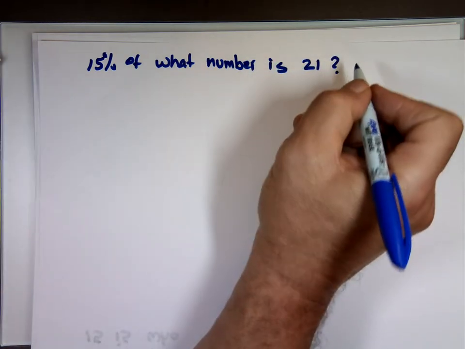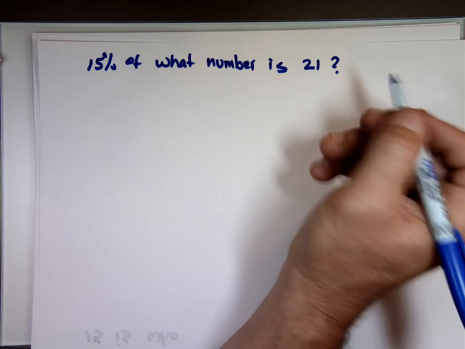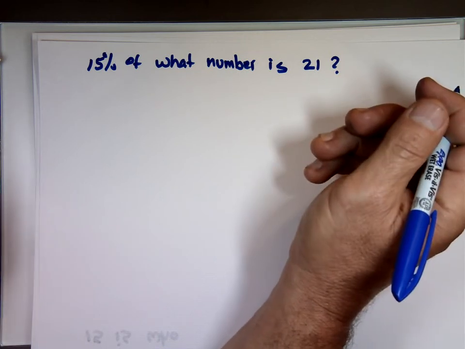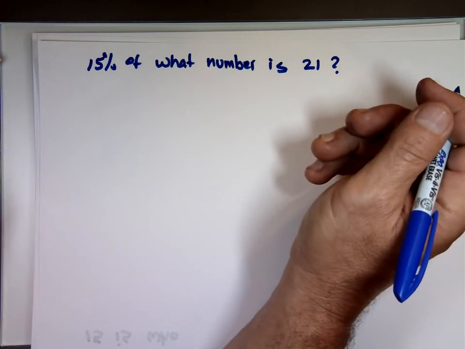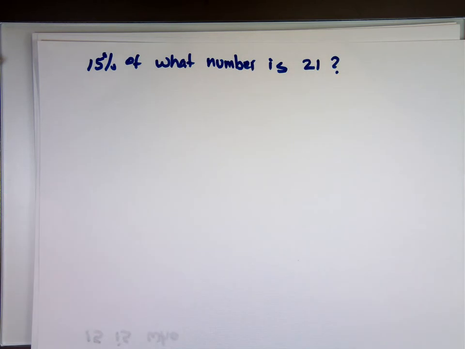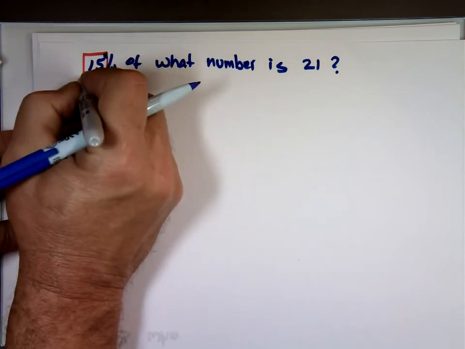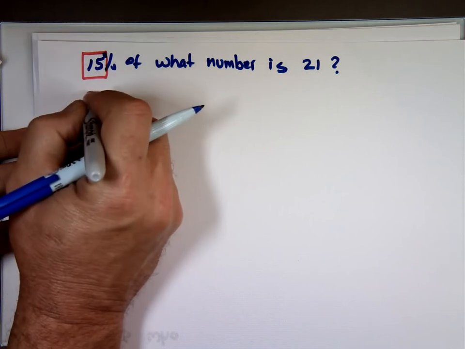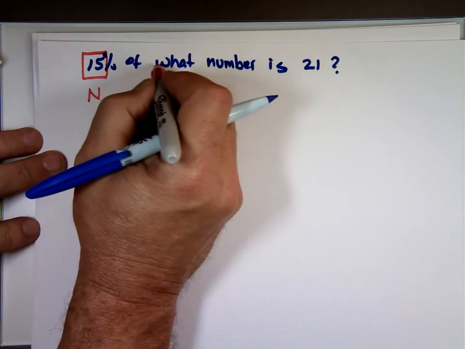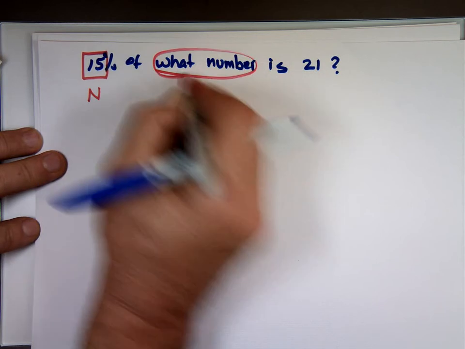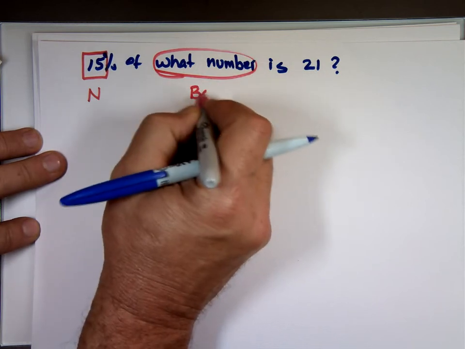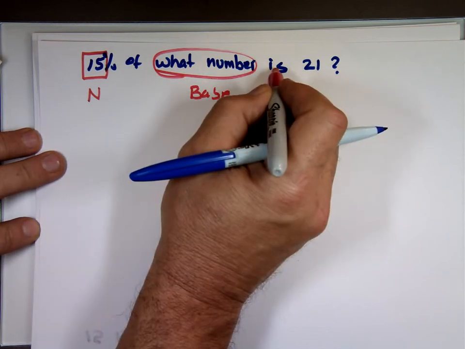Which way are we doing this? The proportion, the NBA. So I see the percent. That's your what? Number. There's the word of. What comes after of? That's the base, which is, we don't know. Here's is. That's the amount.